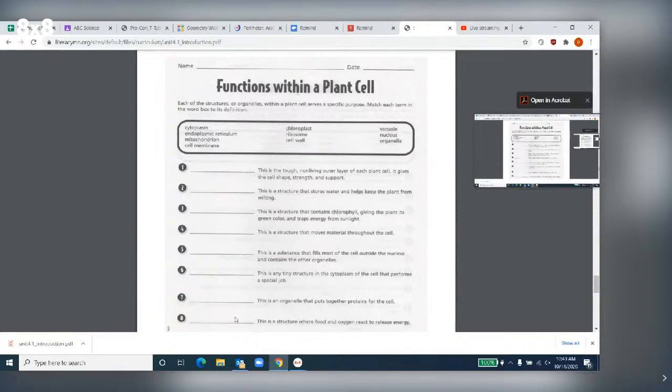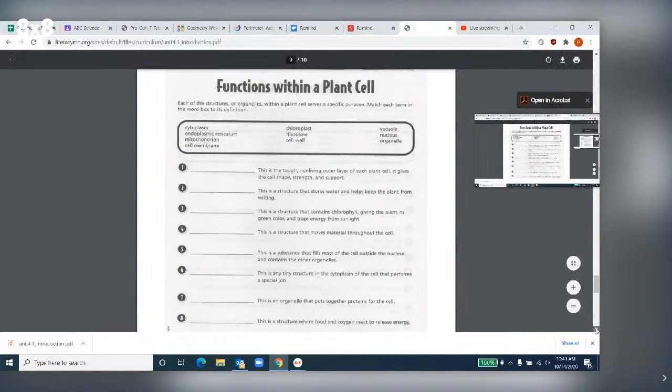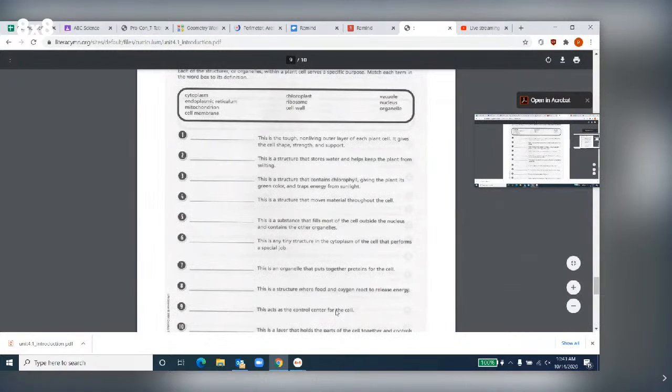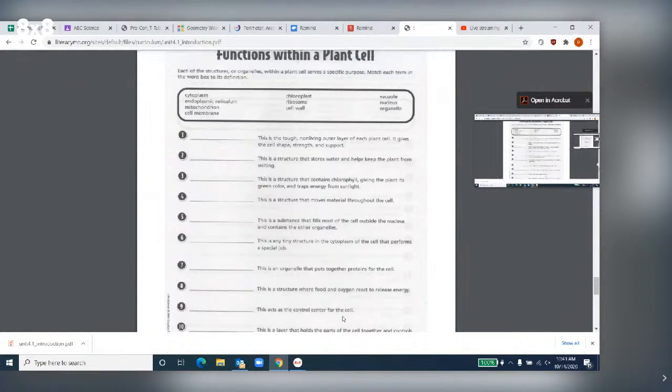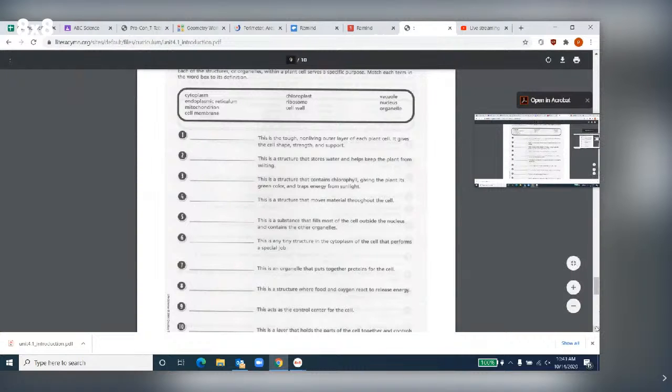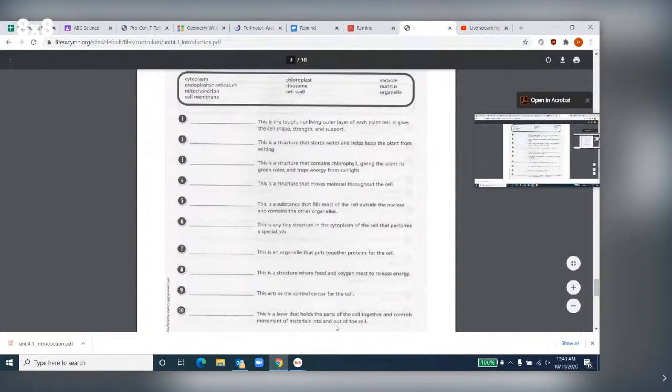Eight would be the mitochondrion. Nine, this acts as a control center for the cell. That's the nucleus. So the nucleus kind of is the control center for a cell. And ten, this is the layer that holds the parts of the cell together and controls movement of materials in and out of the cell. That's the cell membrane.